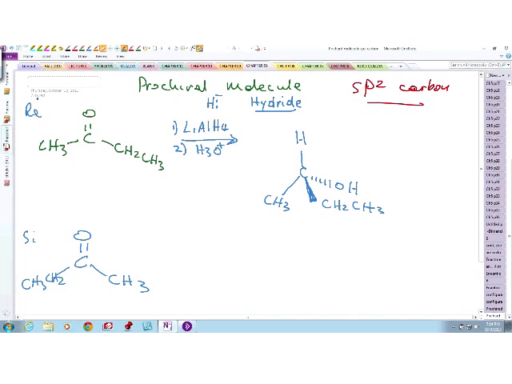If we attack from the Re face, on the other hand, if we attack from the Si face using the same reagents, also lithium aluminum hydride, we get this.